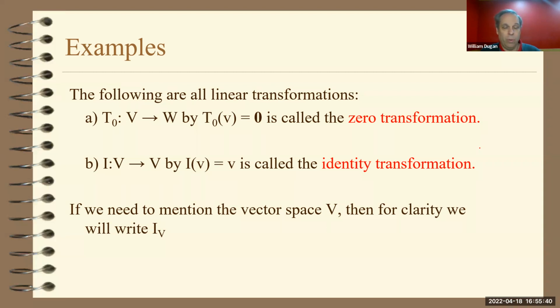And all it does is, whatever the vector is, when you take the identity transform of that vector, you just get that vector back. That's called the identity transform. If I ever need to use multiple instances of the identity transform on different vector spaces, I'll then use subscripts. So the identity transform on V would be I sub V. The identity transform on W would be I sub W.